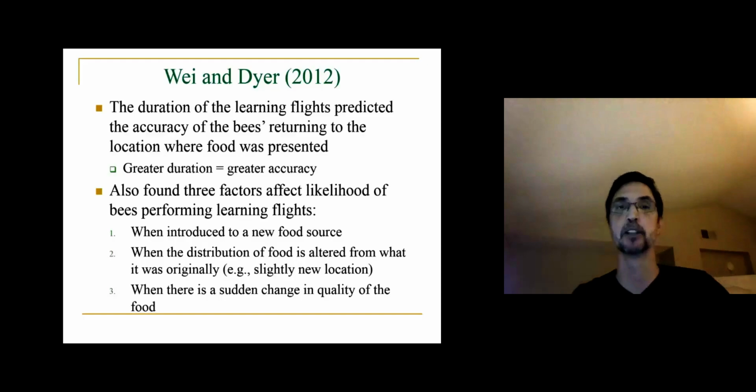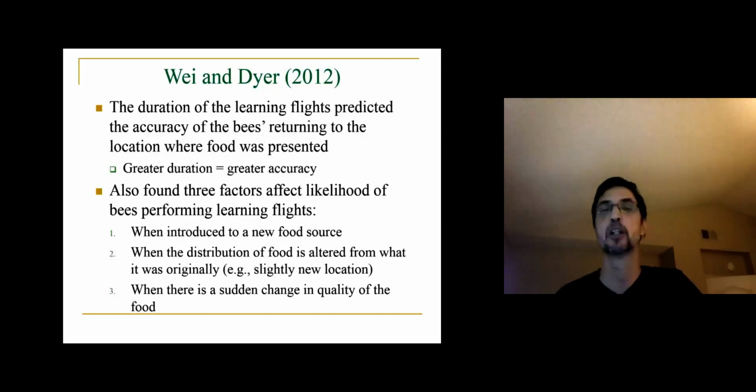First, when they are introduced to a new food source. Right? So if it's the same food source in the same location presented over and over again, they're less likely to make the response. But if all of a sudden you change the type of food that it is, for example, a different flower, they'll be more likely to make that learning flight.